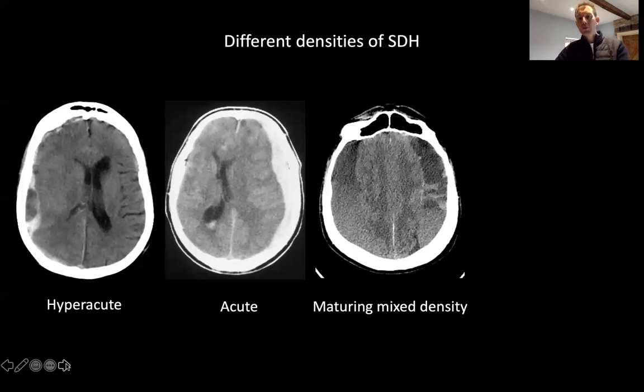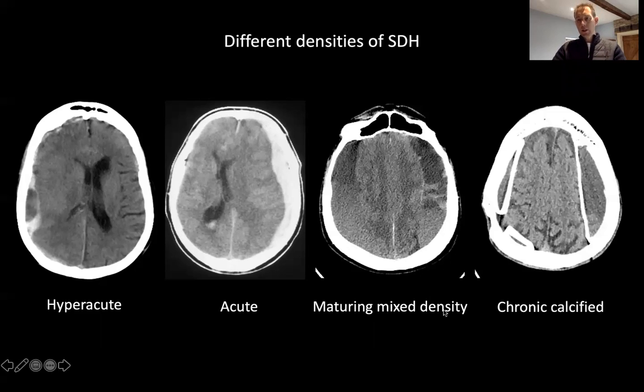And then they begin to mature, and often you have tears in the subarachnoid, which can result in a mixing of CSF and blood products, and you can have some layering of acute blood more dependently within larger subdurals. So maturing mixed density, and then in the chronic phase, these are really chronic, but very heavily calcified subdurals. Septations would lead you to think about chronicity.